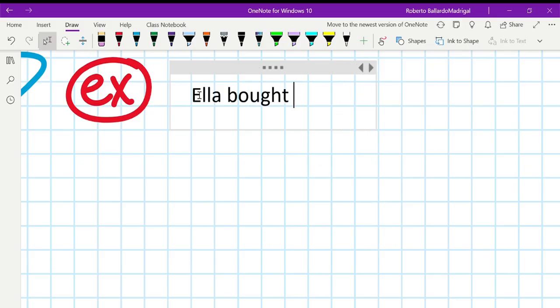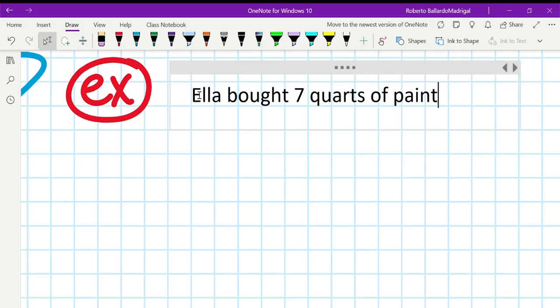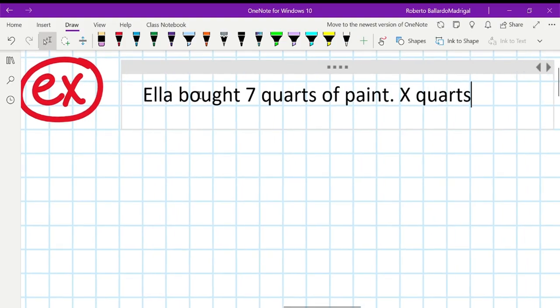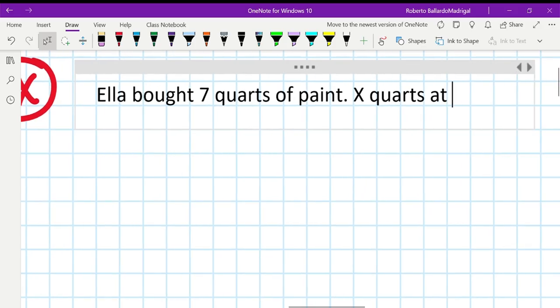Ella bought 7 quarts of paint. We have X amount of quarts at $3 each.